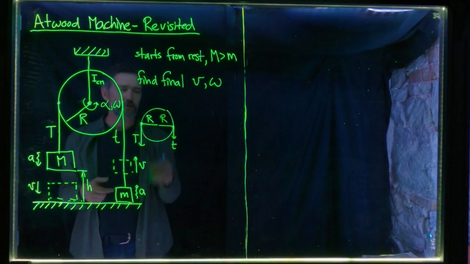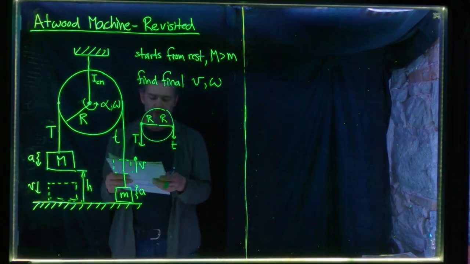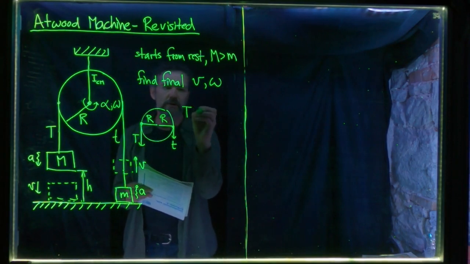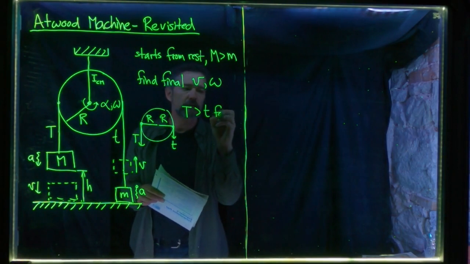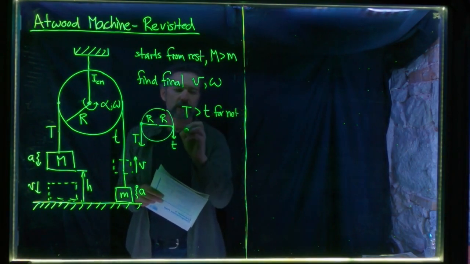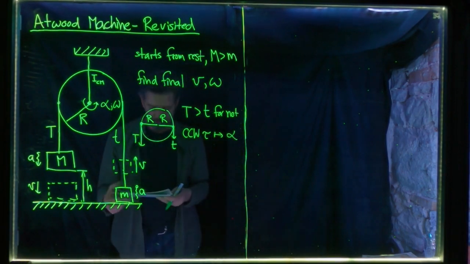This is a clockwise torque, and the counterclockwise torque is larger than the clockwise torque. So we require that big T is bigger than little t for a net counterclockwise torque, which is what causes the angular acceleration alpha.